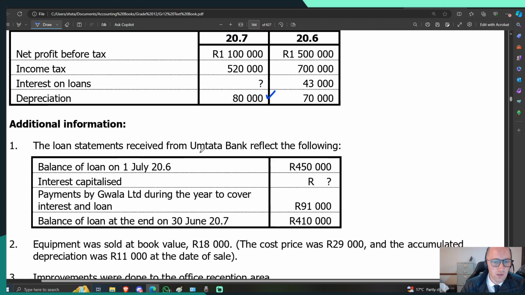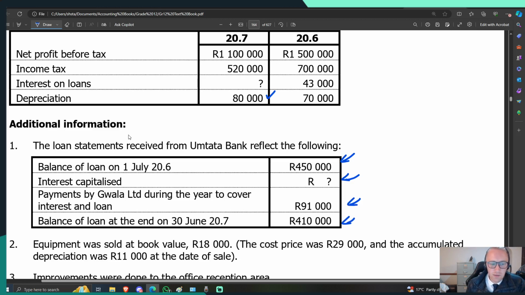If we look at the additional information, it says the loan statement received from Umtata Bank reflected the following. We had an opening loan amount of 450,000, a capitalized amount of interest, payments made to cover the loan repayment and interest, and then a balance of the loan.